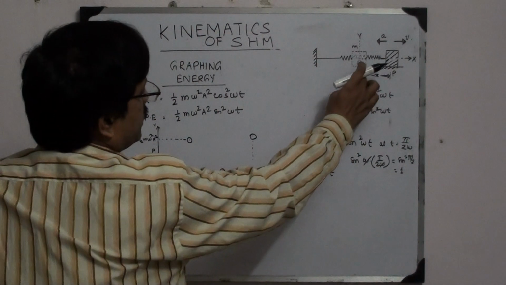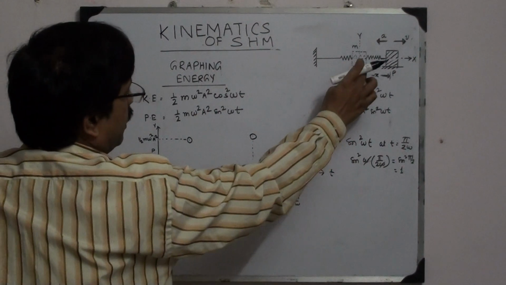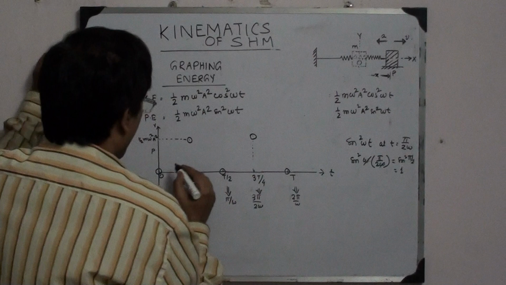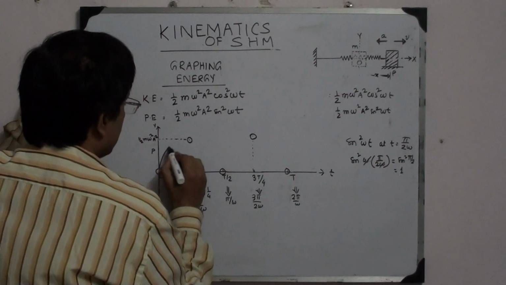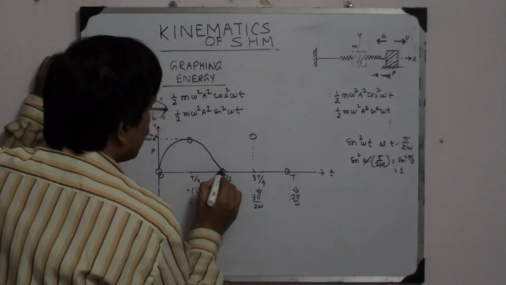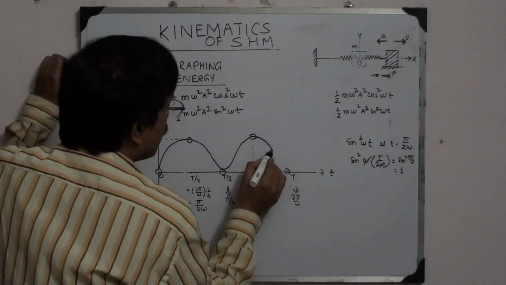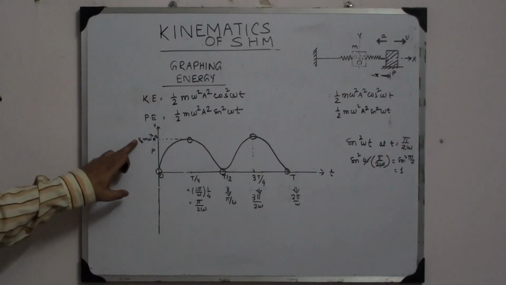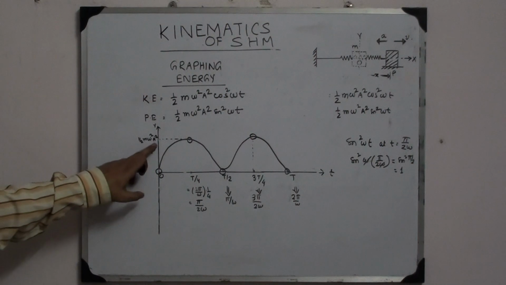Our starting position was the equilibrium position, so here it is 0. So you connect these points and you get this curve. The peaks correspond to half m omega square a square.